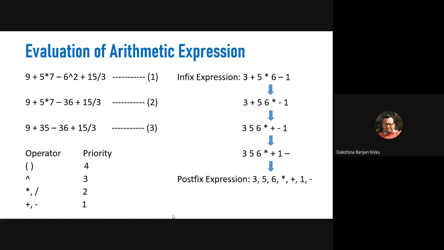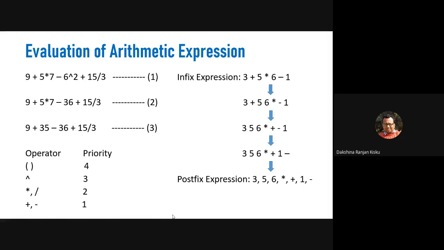The multiplication operator is already moved, so then we will move the addition operator, which will appear after the multiplication operator. So in the next form of the expression, we see 3, 5, 6, then the multiplication operator, then the addition operator, then the subtraction operator, and then operand 1.